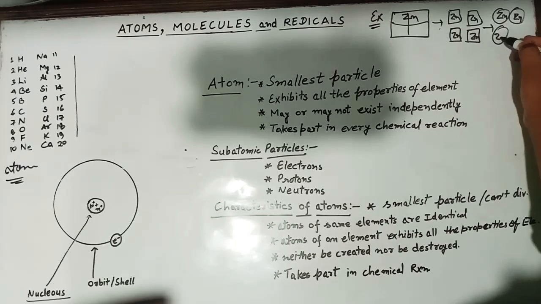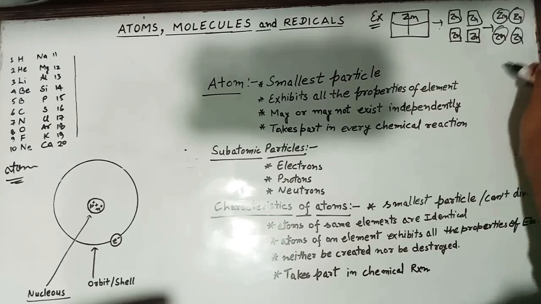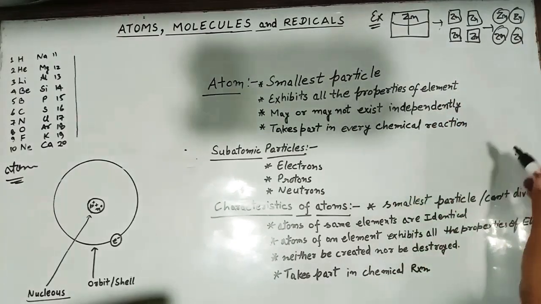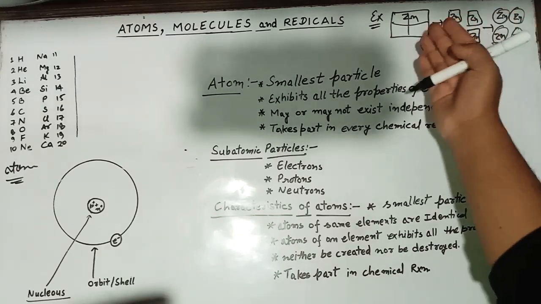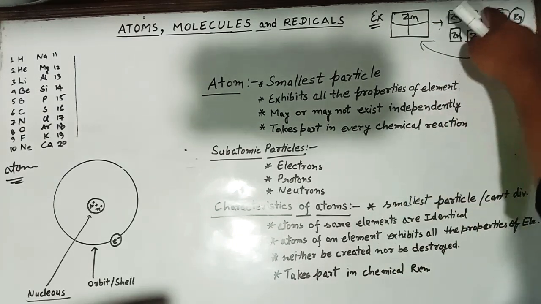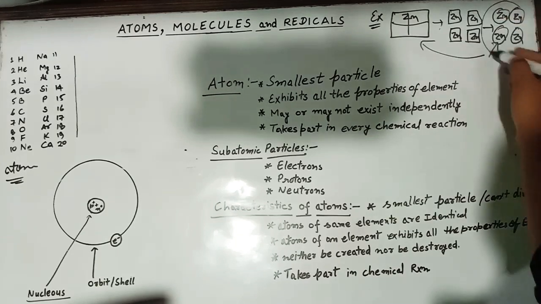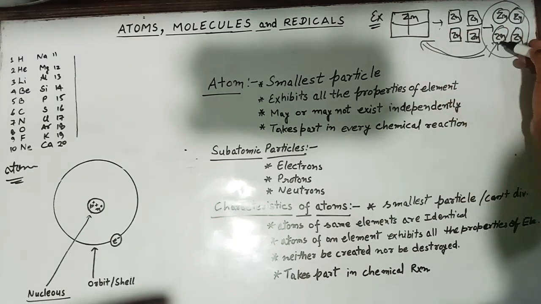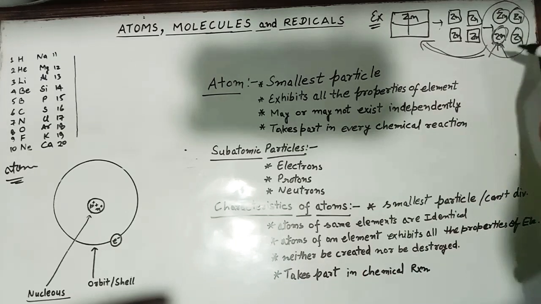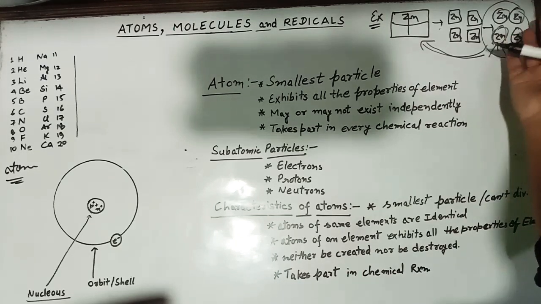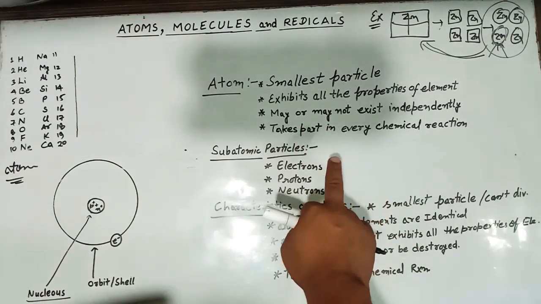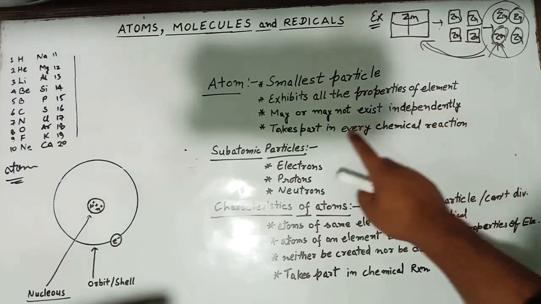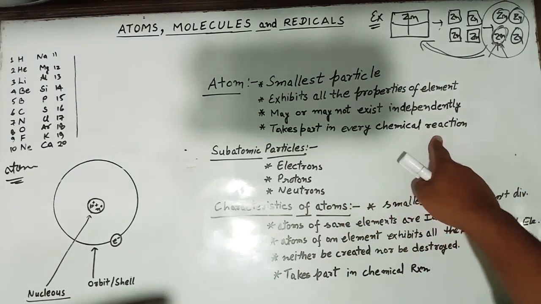All these will be zinc atoms, like this. In this way, all the atoms of this zinc will show the property of zinc. This means all the atoms are identical with this zinc. If one atom is looking like this, then all other atoms will also have the property of that zinc only. It may or may not exist independently, but takes part in every chemical reaction.